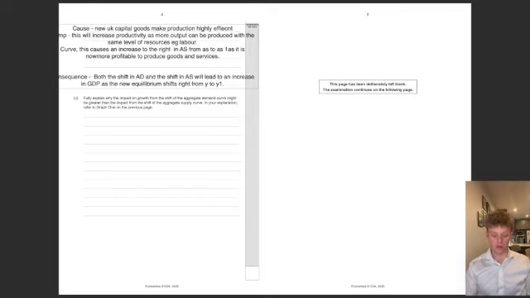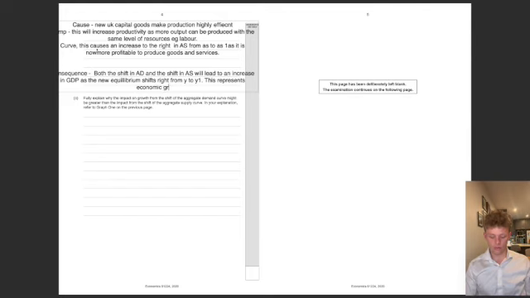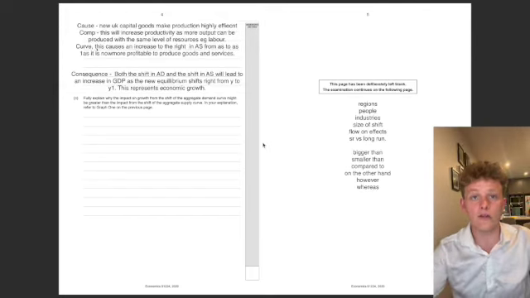Talk about growth. This represents economic growth.